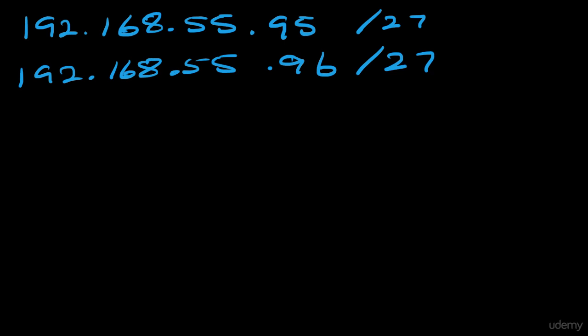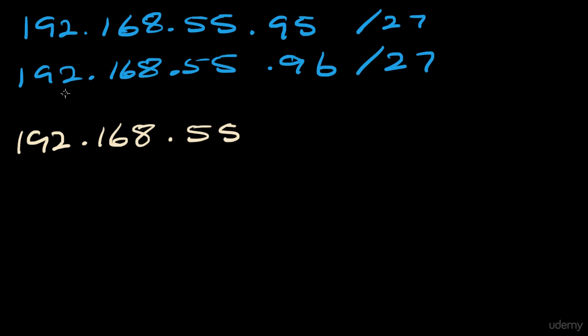These were all derived through the same subnetting process because they both use the same prefix and they have the same base network ID. They were both derived from a subnetting process that subnetted 192.168.55. How do I know this? Well, these two IPs are class C.